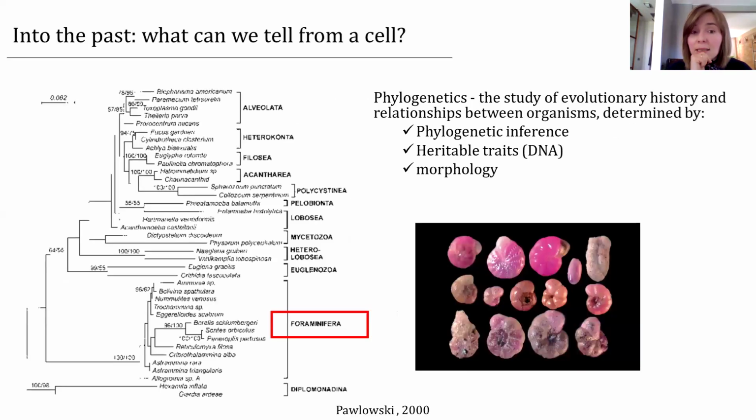And the last part, I would like to tell you a bit about a different aspect of analyzing DNA. I would like to tell you how, by looking into modern living organisms, into single cells, we can look back into the past of evolution.